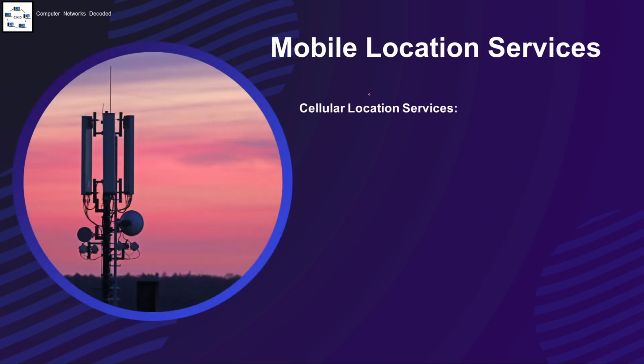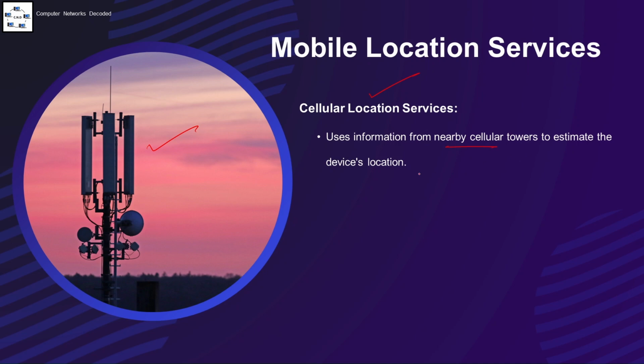The next mobile location service is the cellular location services. It uses information from nearby cellular towers, such as this one, to estimate the device location. The cellular location service is basically less accurate compared to GPS since it relies on the general location of the cellular tower.